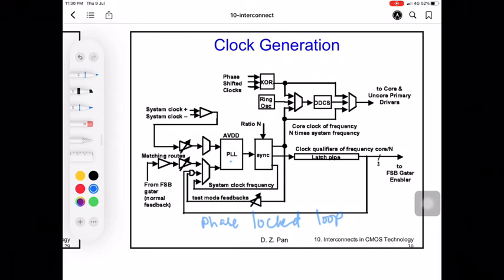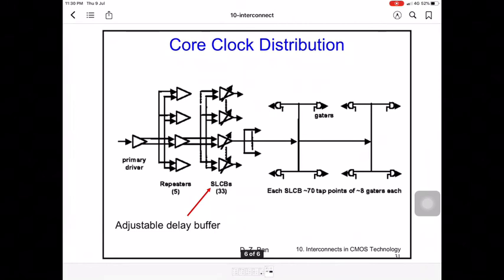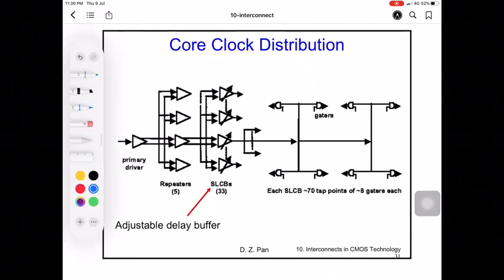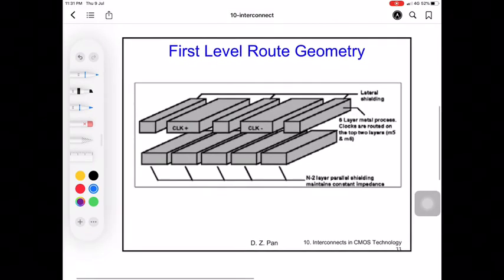So all these are the blocks needed to generate the clock. This is the example of the core clock distribution. For this distribution, you can divide it into the H tree, and this is the routing.